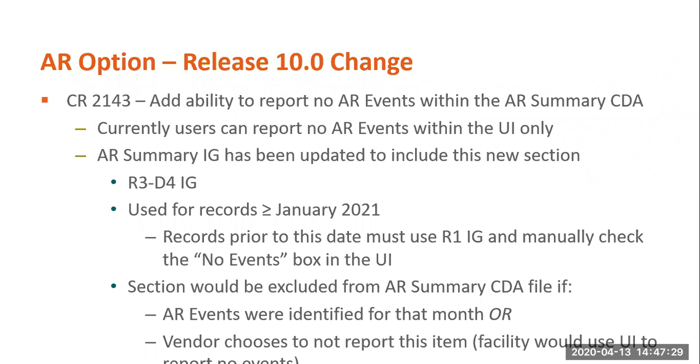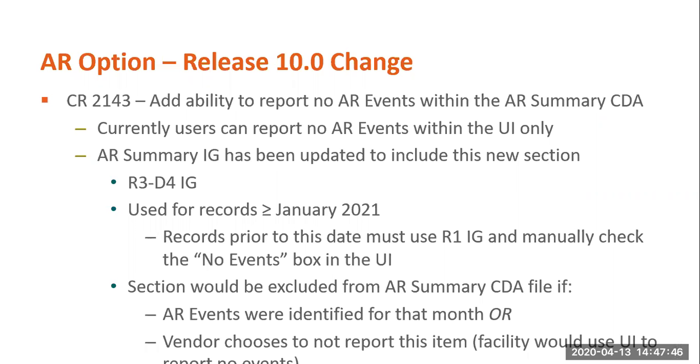Okay, so for 10.0 for the AR option, we are adding the ability to report no events within the AR summary CDA. So right now, users can report no AR events within the user interface only.